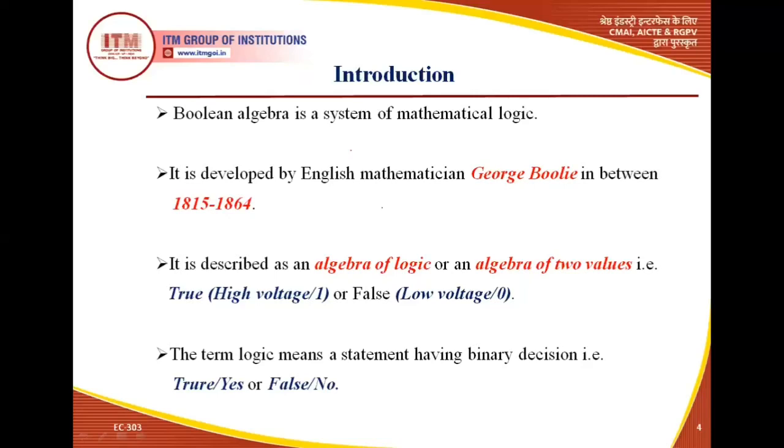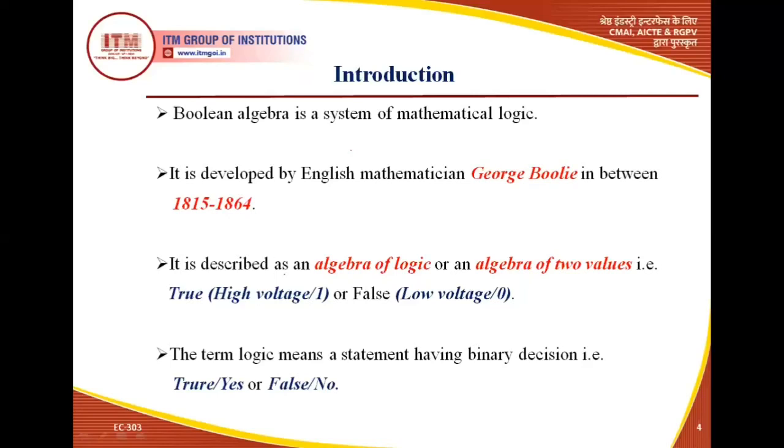So he developed Boolean algebra, in which we can get the result in true or false condition, in yes or no condition, in 0 or 1 format. Okay. That means we get the result in terms of yes or no. सिर्फ वहां आपको दो ही टर्म में आउटपुट मिलता है. इट मे बी अ राइट और रॉन्ग.